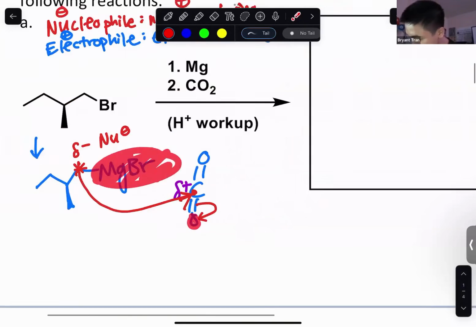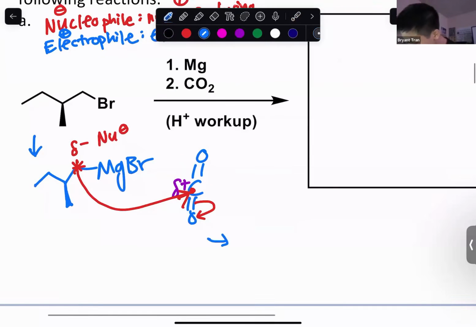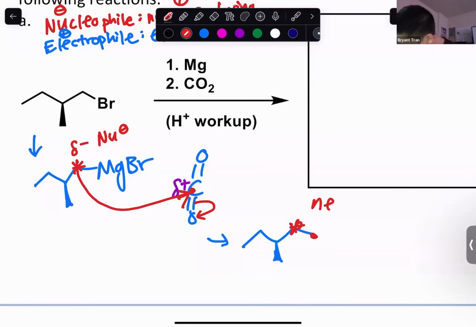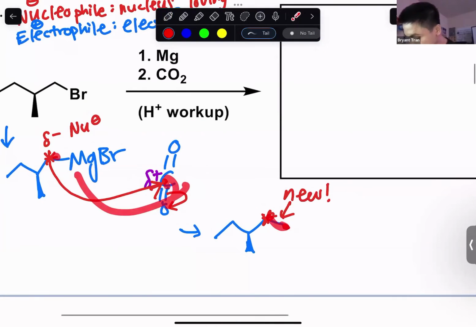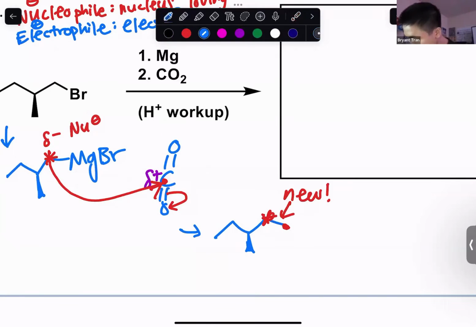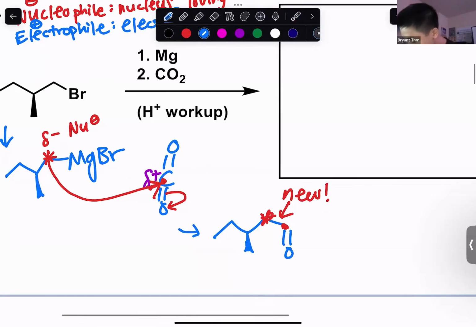As a result, we're going to get this as the intermediate. This is the starred carbon, this is the dot carbon, and this right here is the new bond between the star carbon and dot carbon from that attack. We see that this dot carbon is attached to a carbon double bond oxygen and a single bond O minus.